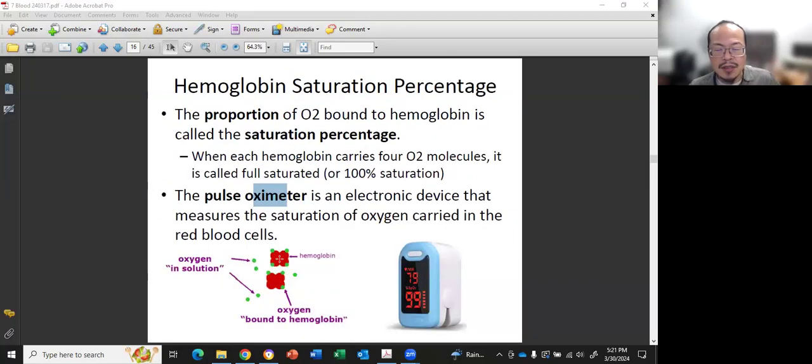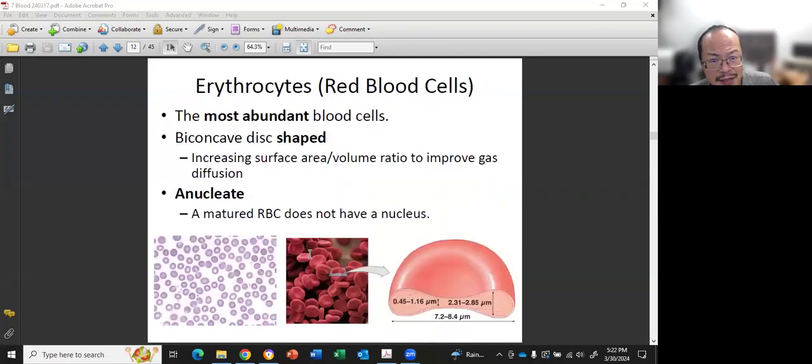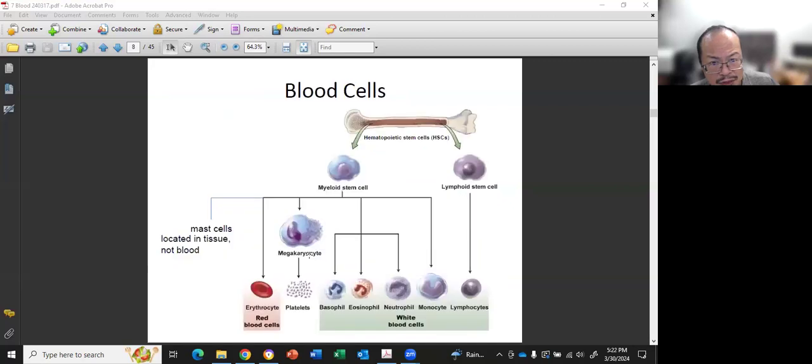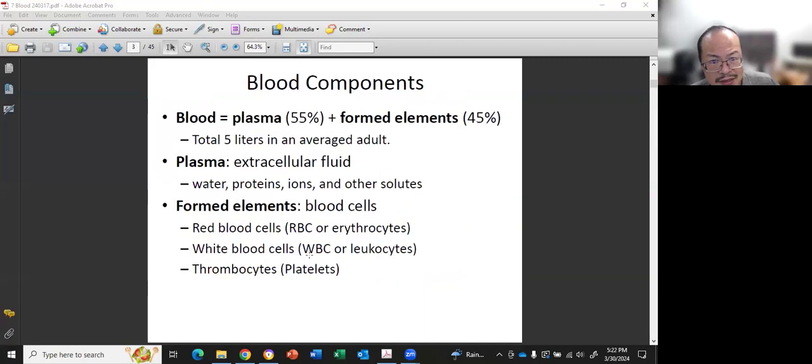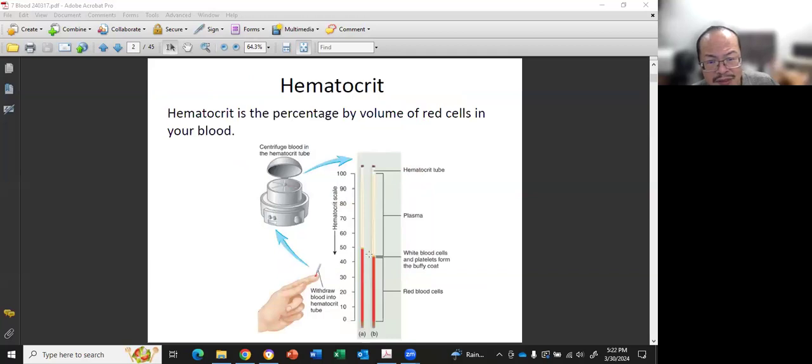Now, in addition to the saturation percentage, another thing is, how much hemoglobin do you have? That's the question. How much red blood cell you have is a different story though. How much red blood cell you have is hematocrit, right? So the volume of red blood cell here is hematocrit. But each cell can have a good amount of hemoglobin. This is a bag.